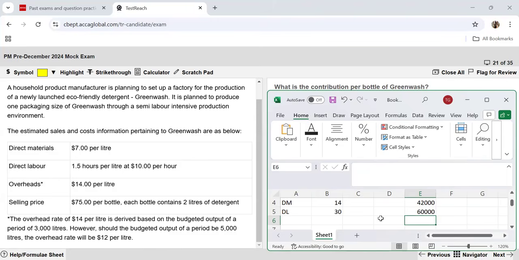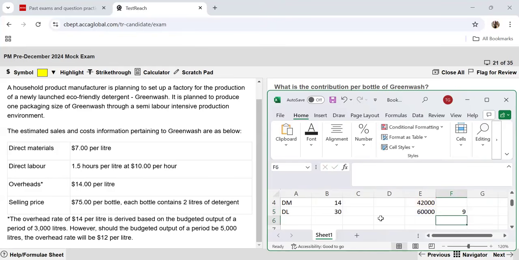So what we are going to do is use the high-low method over here. The high-low method involves finding out the variable cost per unit, and the formula goes like this. You are supposed to take the cost at the highest level of activity minus the cost at the lowest level of activity, divided by the output at the highest level, which is 5,000, minus the output at the lowest level, which is 3,000.